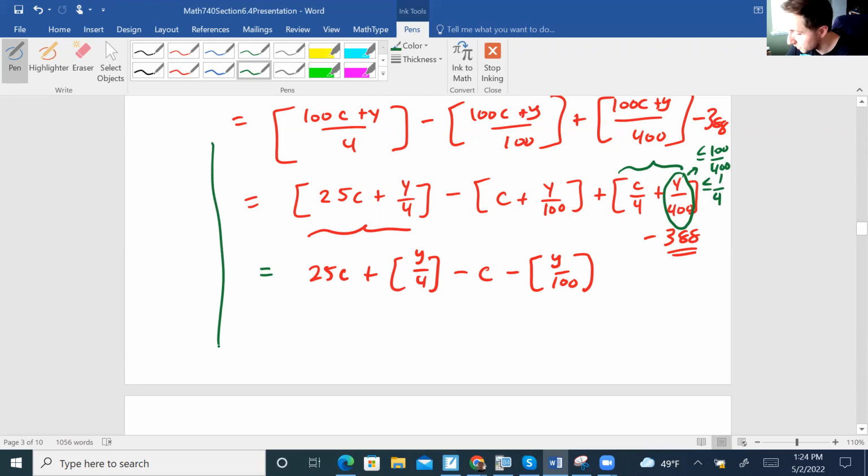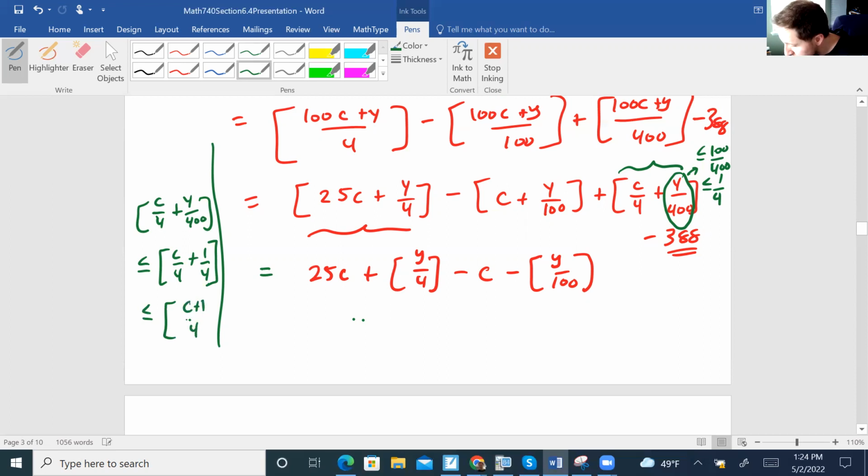So if I do a little scratch work off to the side here, coming over to the left-hand side, I know that c over 4 plus y over 400 is going to be less than or equal to c over 4 plus 1/4. So that's going to be less than or equal to c plus 1 over 4.